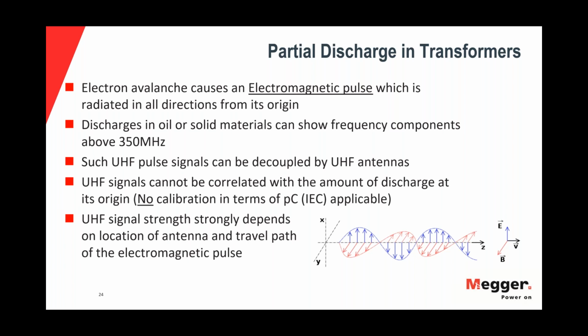Keep in mind that a UHF signal cannot be correlated to a specific amount of discharge at its origin, so no calibration is possible. By the way, UHF signal strength strongly depends on the location of the antenna and the travel path of the electromagnetic pulse.